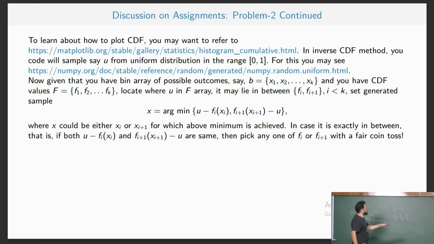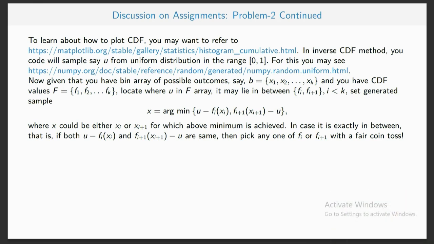Once we have the cumulative PDF in the Python code, then more or less you are done, because your possible outcomes were this array, which you generated via 2n binomial calls. You have these generated samples, and these are your possible outcomes: x1, x2, x3, xn.